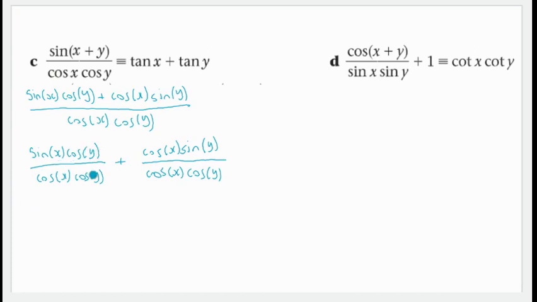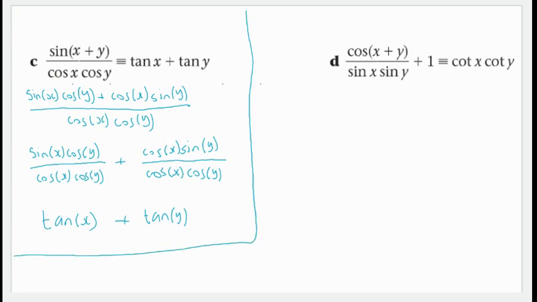Now, cos y cancel, and sine x over cos x is tan x. And then cos x over cos x, they cancel. Sine y over cos y is tan y. And there we go. We've shown it's equal to the right-hand side.